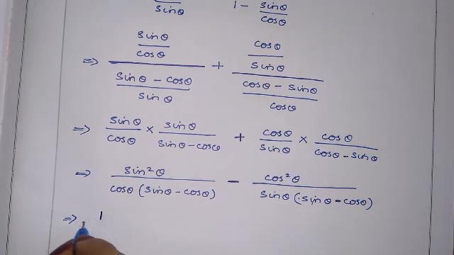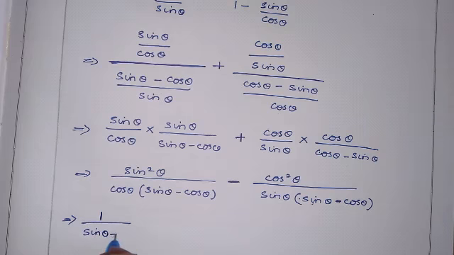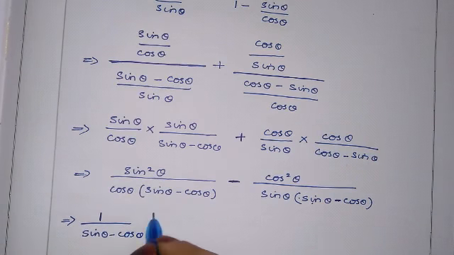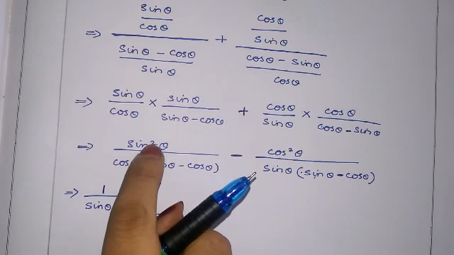Only 1 upon sin theta minus cos theta is common. If I have taken only sin theta minus cos theta outside as common, what is left?